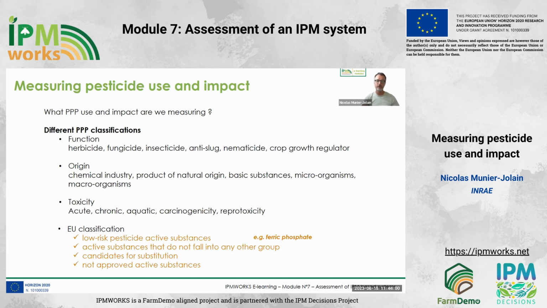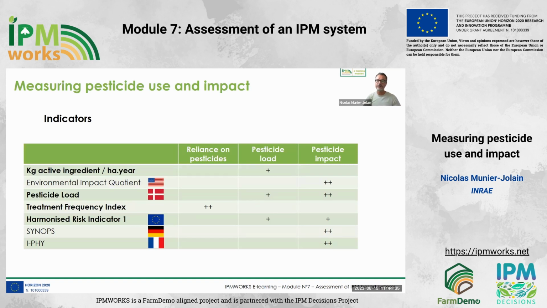The first group is the active substances with a low risk, for example ferric phosphate, which is used to control slugs. We have the pesticides that are candidates for substitution because of specific features. We have non-approved active substances, and we have active substances that do not fall into any of the 3 other groups.